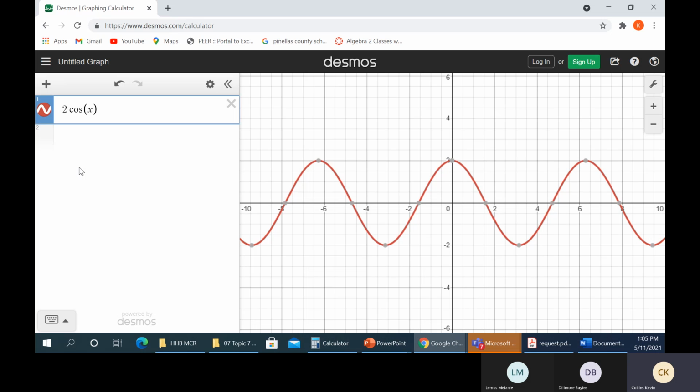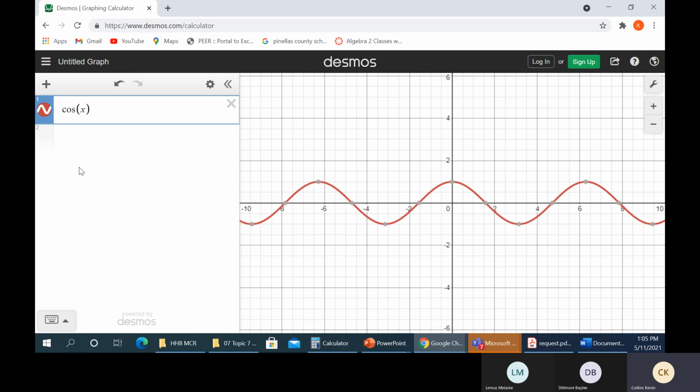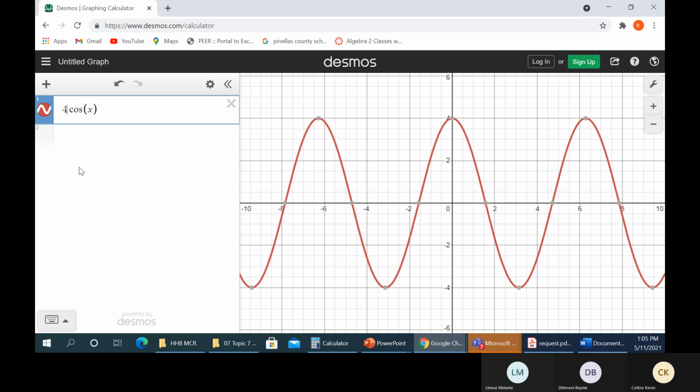And the bigger you make the number up front, the bigger your roller coaster gets. So this one's going to bounce back and forth between 4 and -4. Now, the period didn't change, because to go from here to here is 2 pi. That's one trip around the circle.